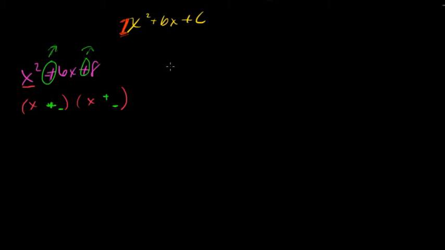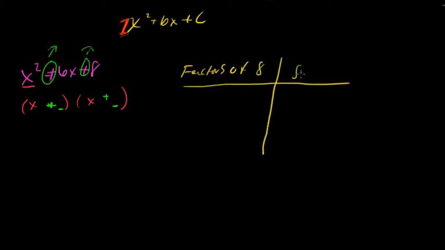So let's list the factors of 8, and then we need their sum, because we're going to want them to add to 6. The factors of 8 are 1 and 8, and 2 and 4.